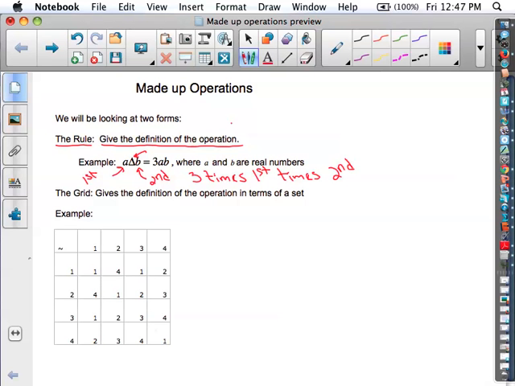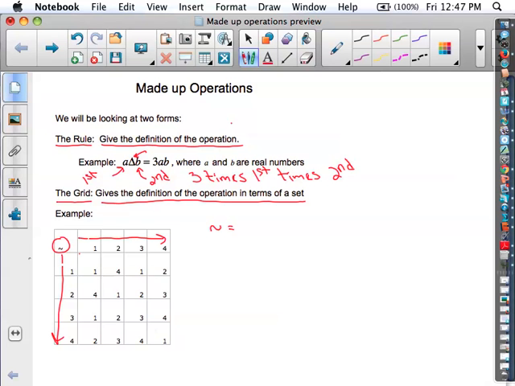The second way we're going to look at is by using a grid. And the grid actually gives you the definition in terms of a set. So if we look at this grid, tilde, I'm going to define it by the operation tilde. The set of numbers that defines tilde is the set that's across the top in this first row and down this column.